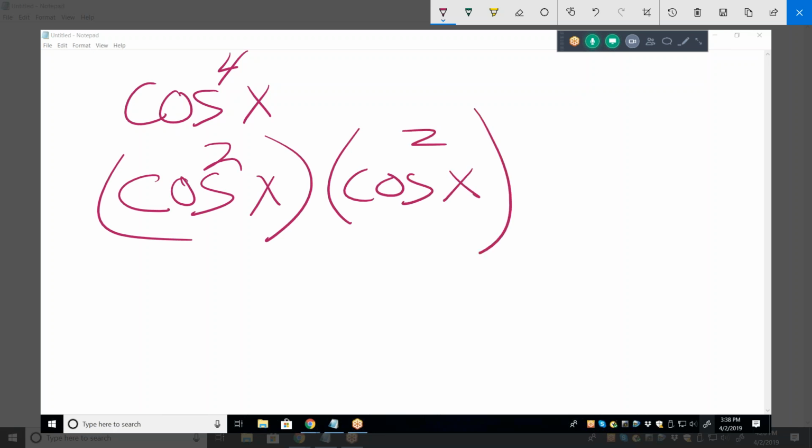Yes. Now they're wanting you to plug in what we know that to be. What is cosine squared x in terms of the double angle? Cosine double angle: that is (1 plus cosine 2x) over 2.